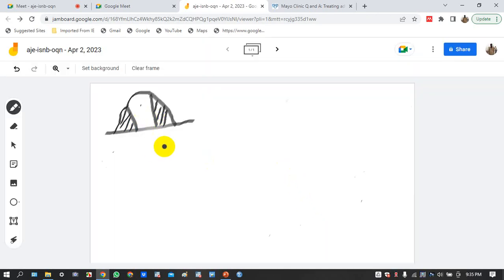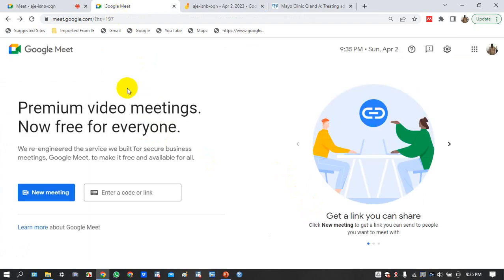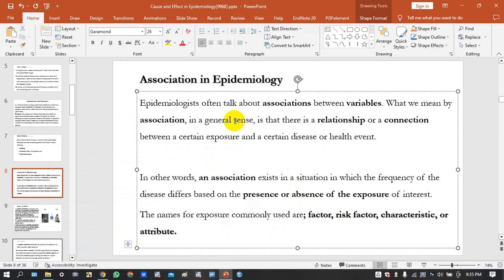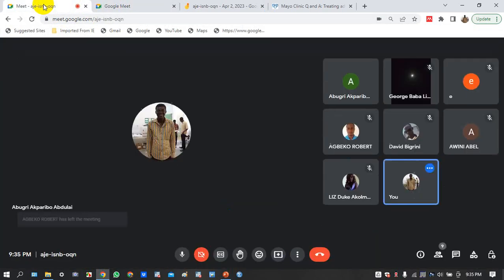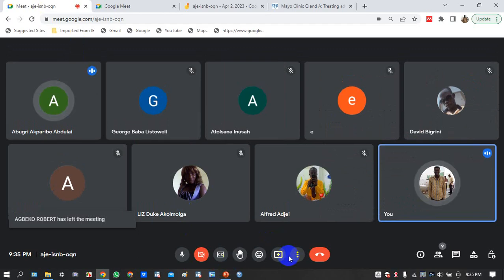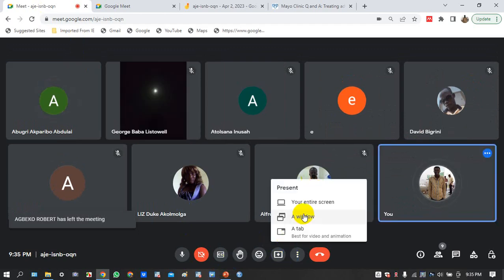Can you see it now? Can you see the whiteboard now? Okay. Can you see the slides? Okay, then you have to check your connection. Is it everybody?